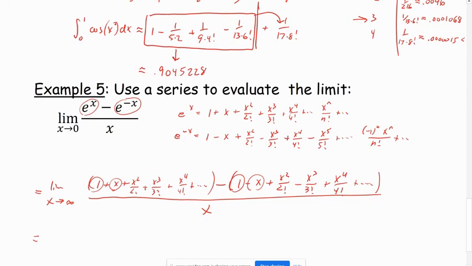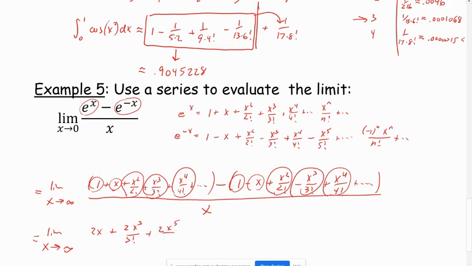So we have the limit, we have 2x, and then this term and this term cancel because we're subtracting, and then this term and this term together would become 2x cubed over 3 factorial, and then this term and this term would cancel. The next term would be plus 2x to the 5th over 5 factorial, and so on.